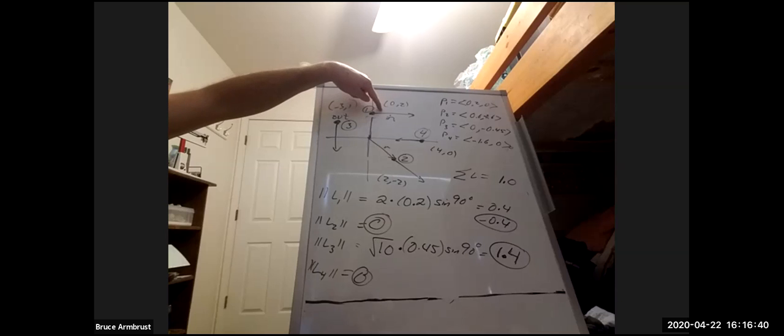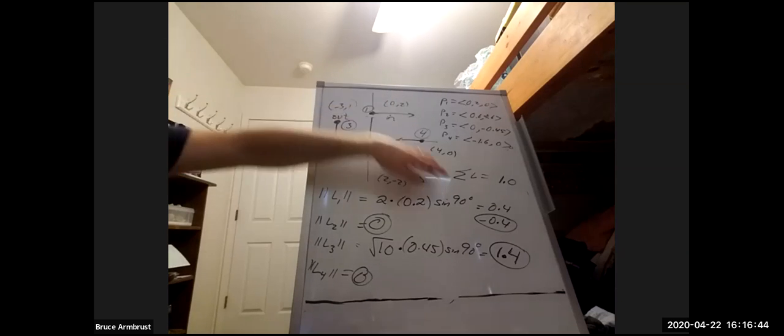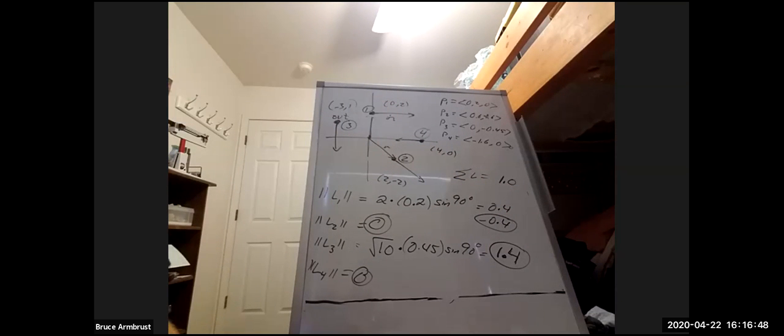So in essence, this particle, the one that's moving in a counterclockwise direction, is more than making up for the one that's trying to move it in a clockwise direction. So there's still some left over, so that this entire thing has counterclockwise angular momentum.